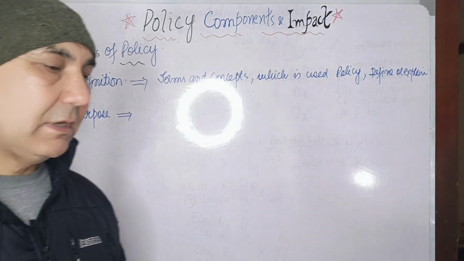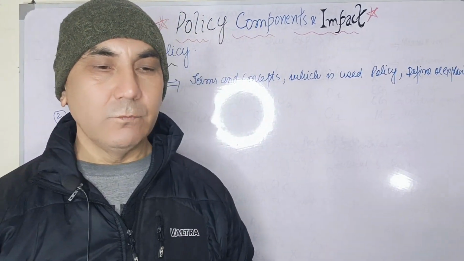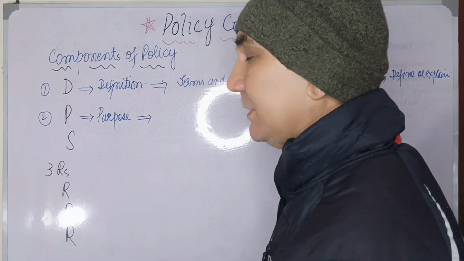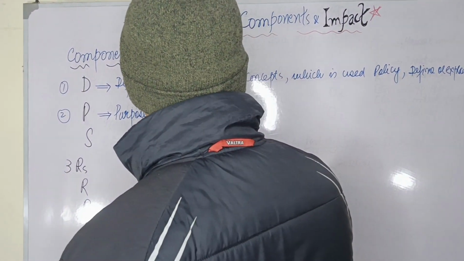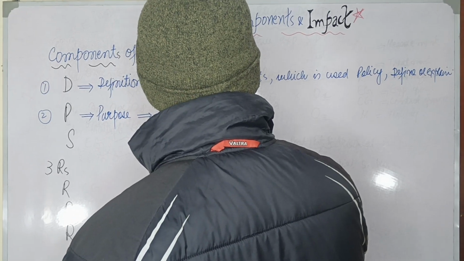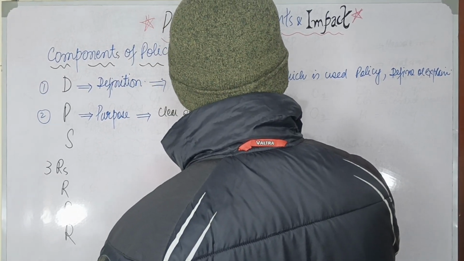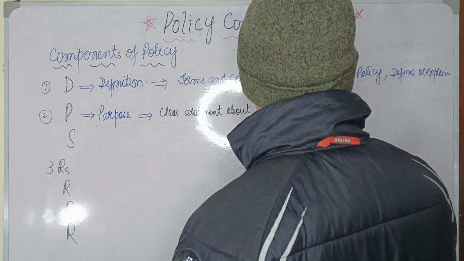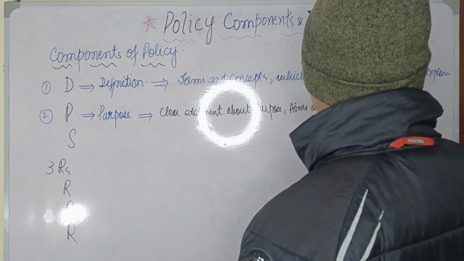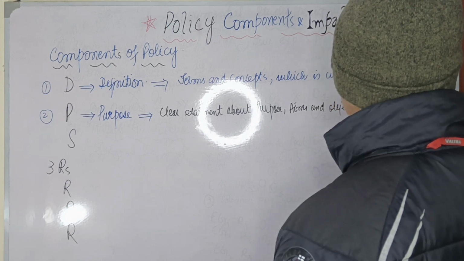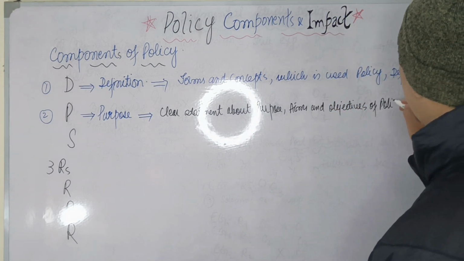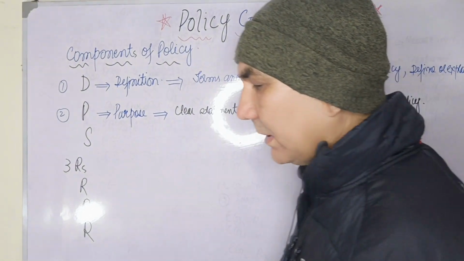In the purpose, whenever you formulate or make the policy, it should be a clear statement about the purpose, aim, and objectives of that particular type of policy which you have made for any type of aspects.